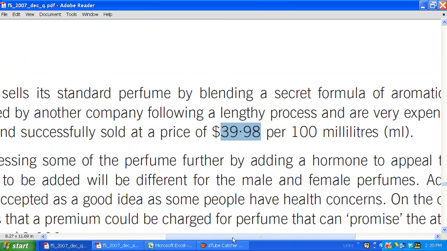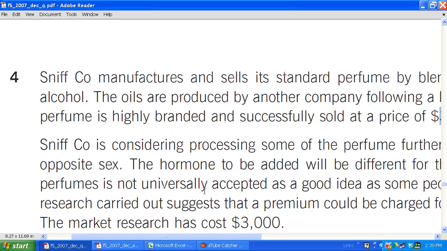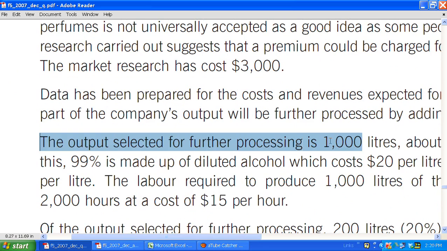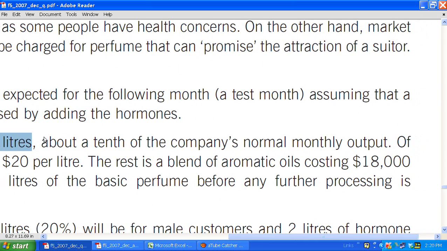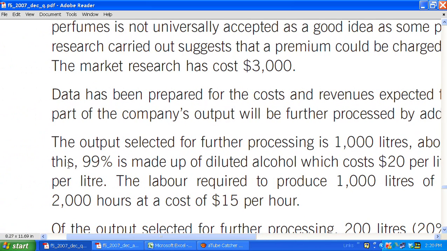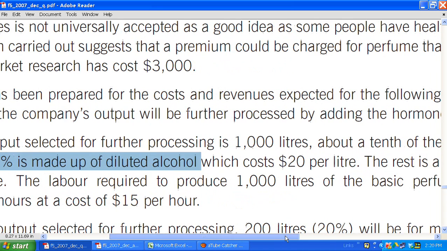Back to the question. The output selected for further processing is 1,000 liters, about 1/10 of the company's normal output. Of this, 99% is made up of diluted alcohol, which costs $20 per liter.